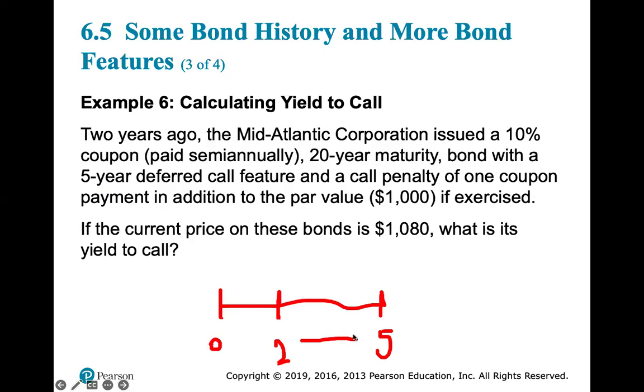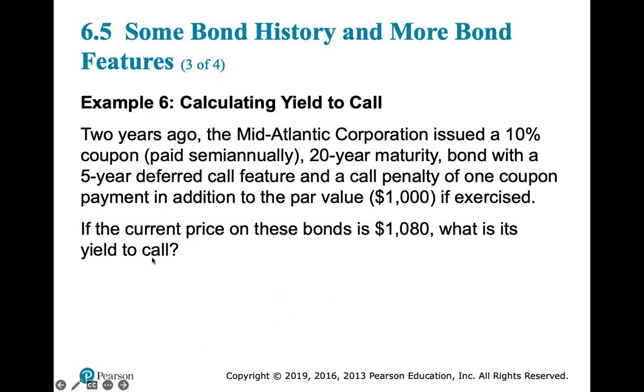Means that 3 years left to be called. Like within the 3 years, the bond could be called back. So the first 2 years, it has not been called. So we take it into account as additional information. We go here.